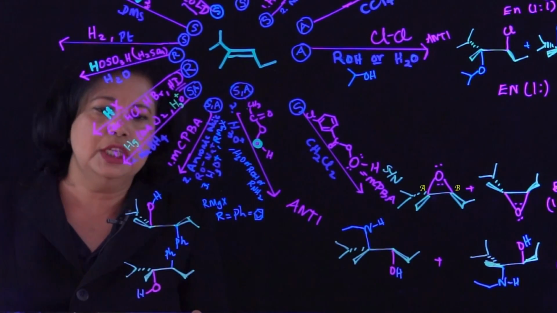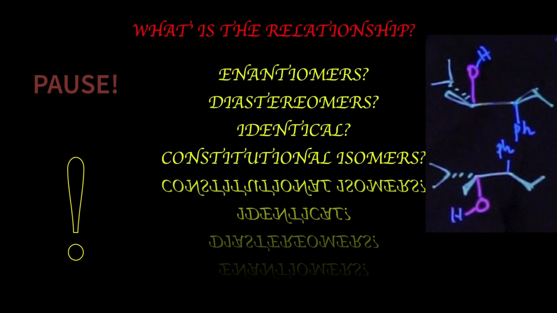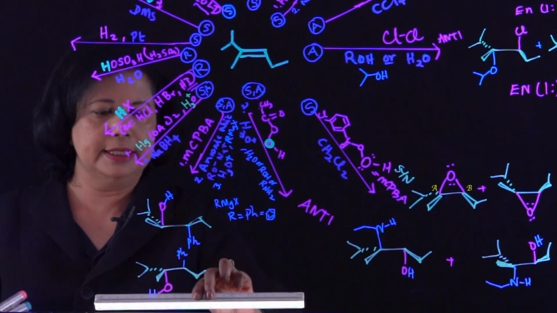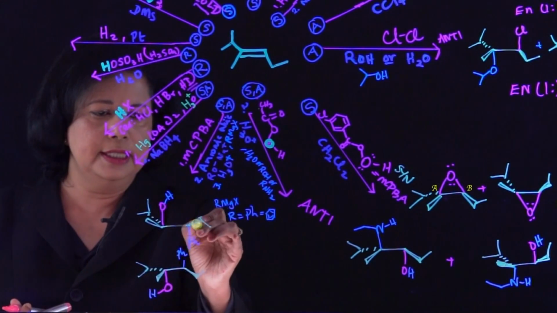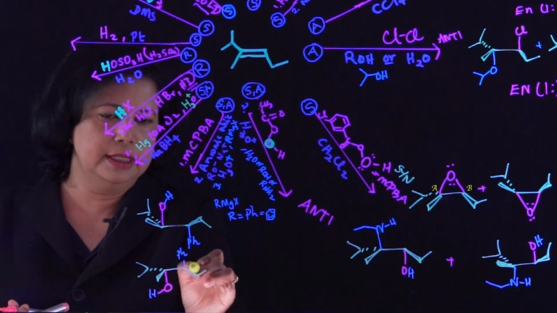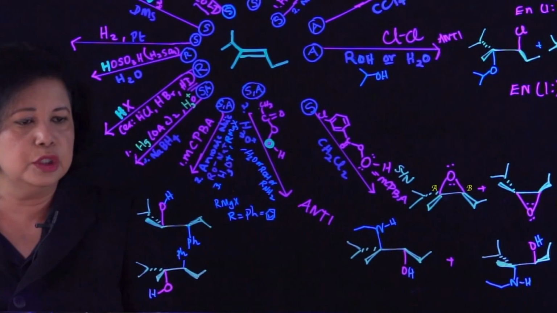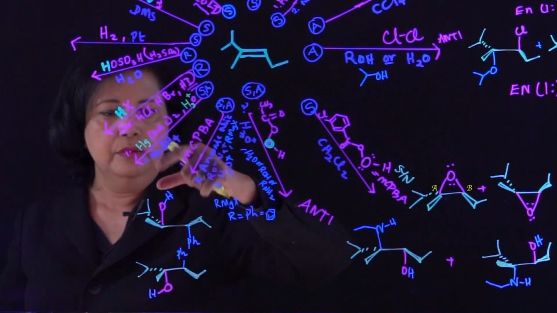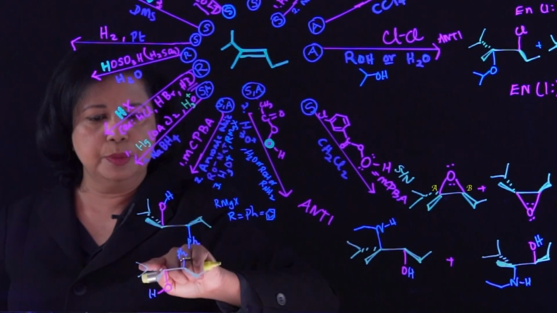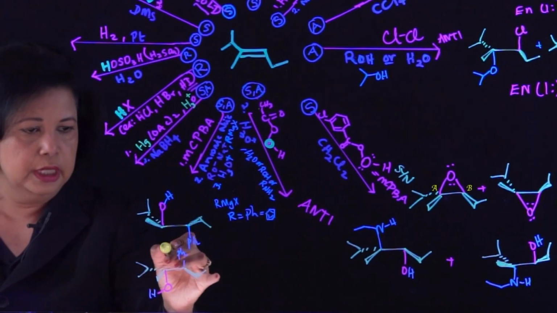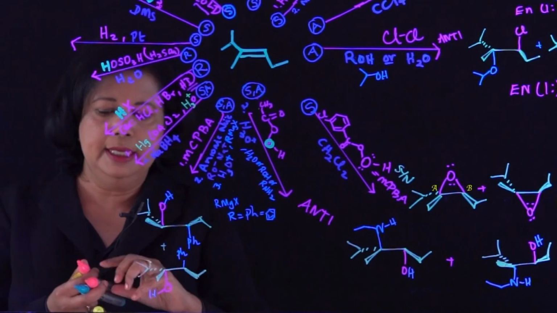What's the relationship? You can see if you put a mirror right here, it's going to be an exact reflection. So these are enantiomers because they're stereoisomers that are non-superimposable. For example, if I flip this over, put it on top, these groups are not going to align. So they are non-superimposable mirror images. And by definition, those are enantiomers.